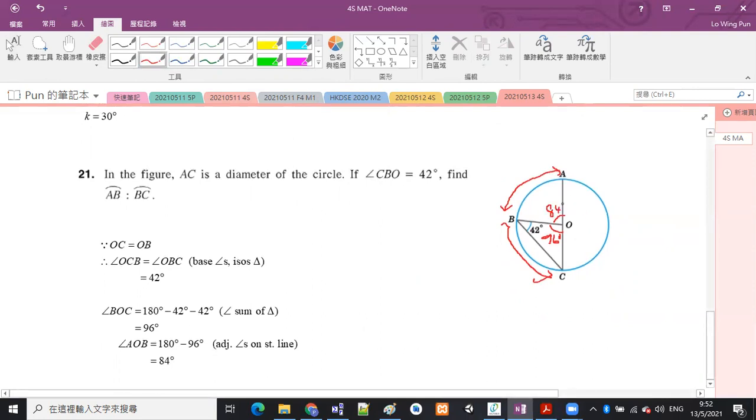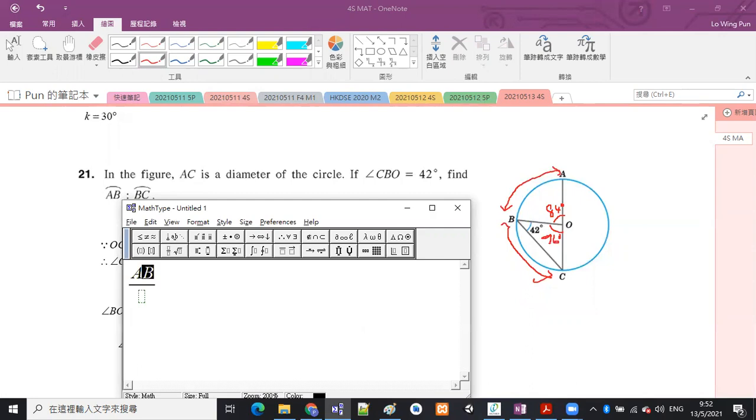So now we have sufficient information to find the arc ratio. So the arc AB over the arc BC should be equal to the ratio of their corresponding angle. So that is angle AOB over angle BOC. That should be equal to 84 degrees over 96 degrees. When you simplify the number, it should be equal to 7/8.